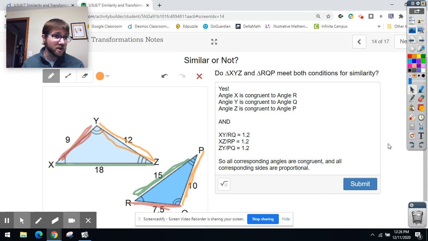And if you match up all of the corresponding sides, like shortest side XY with shortest side RQ, there's a scale factor of 1.2 there if you go from the smaller triangle to the bigger triangle. And likewise, if you do the same thing with the two big sides and the two medium sides, it's always the same scale factor, meaning that all of the corresponding angles are congruent and all of the corresponding sides are proportional. So yes, these triangles are similar.